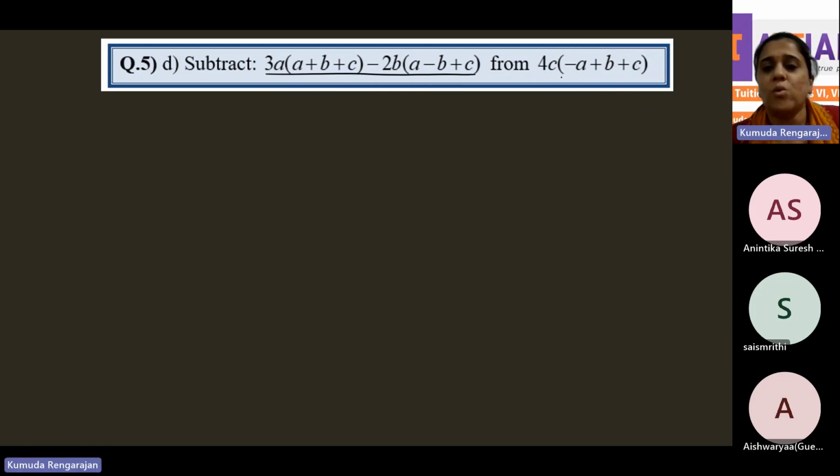But put the results in brackets and connect the brackets with a minus sign. And then again, like terms and result. All right.